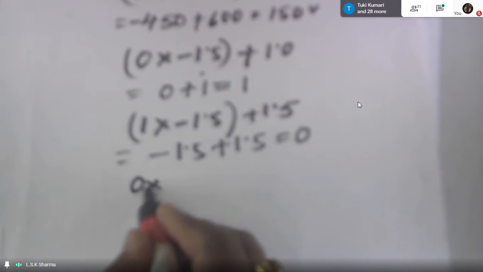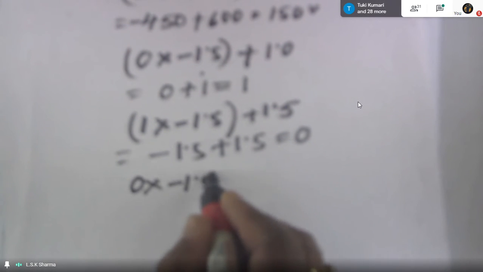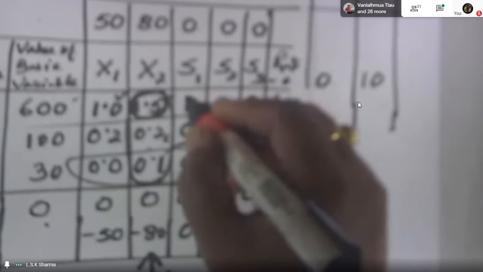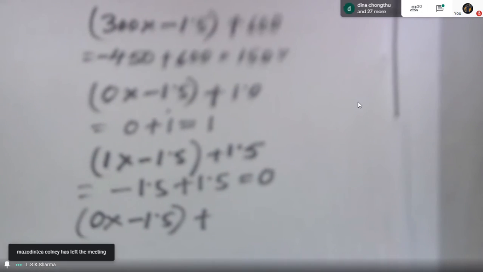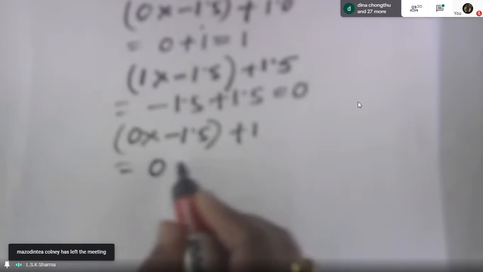Now for the slack variable, 0 into minus 1.5 and plus, what was the value out here? If you remember, the slack variable is 1. So you put 1 out here. So this is nothing but 0 into 1.5 is 0 and plus 1 is equal to 1.